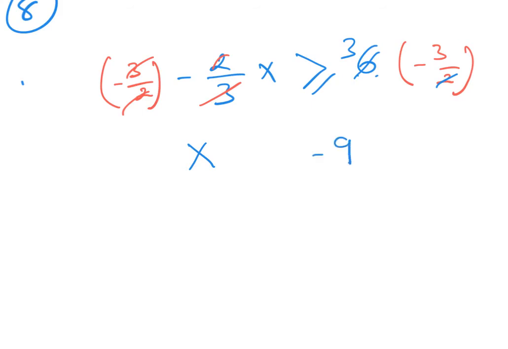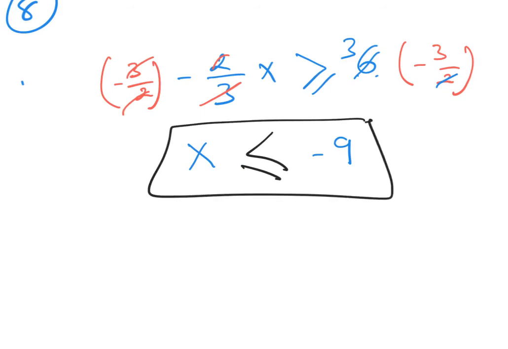But since we multiplied by a negative value, we reverse the direction of the inequality. So instead of greater than or equal to, it will be less than or equal to negative 9. We have to be careful: when we multiply by a negative value, we have to reverse the direction of the inequality.